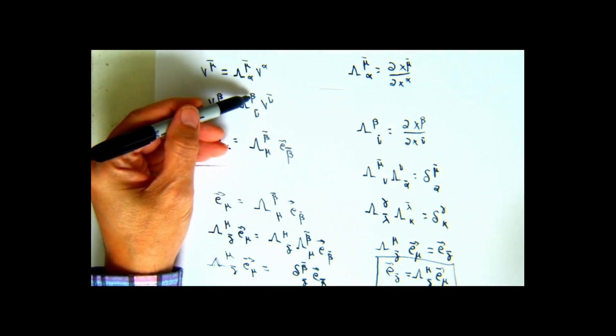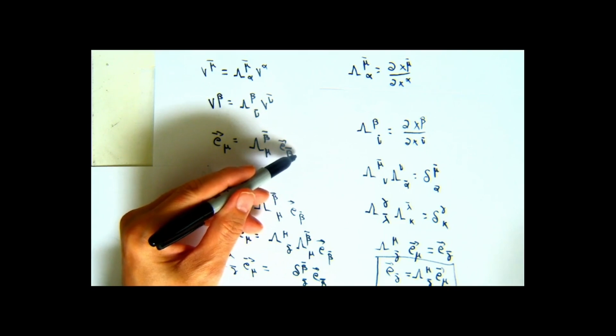Beta upstairs, nu bar, index of summation. Mu downstairs, beta bar, index of summation. Gamma bar downstairs, gamma bar, and mu is an index of summation. These formulas almost write themselves down if we can remember this pattern.